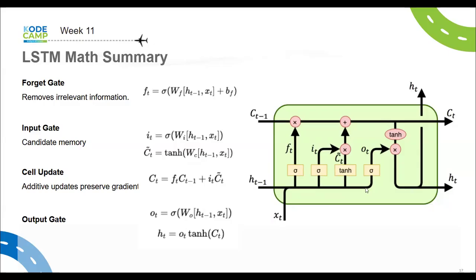Then from this new meta input, you use it to gate how much of the previous cell state gets carried over, and how much of the current new state, which comes from the new input, gets carried over and summed. That forms a new cell state.